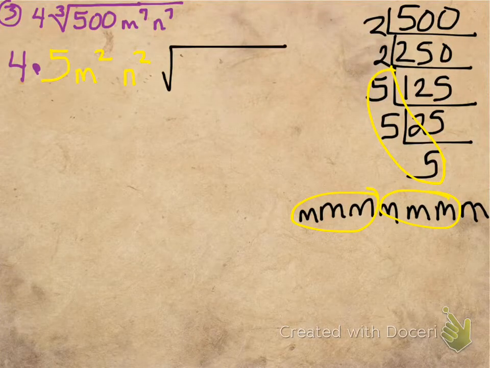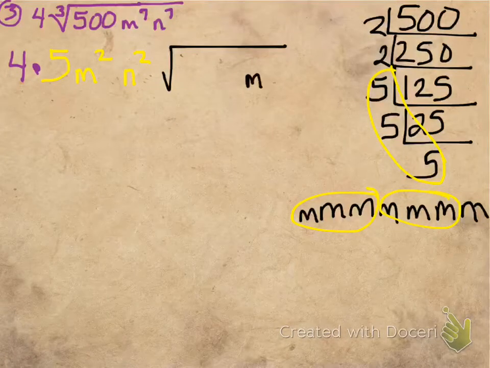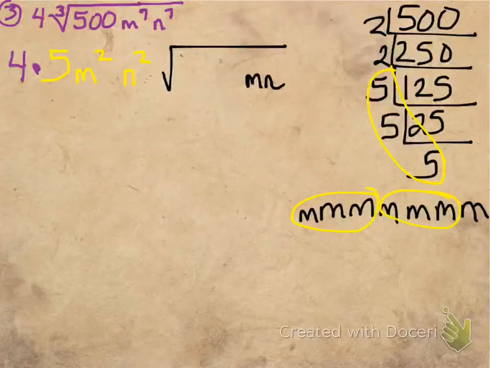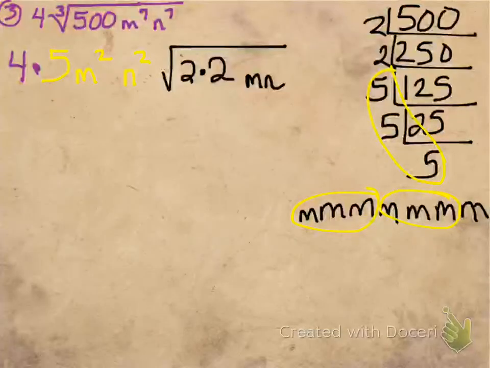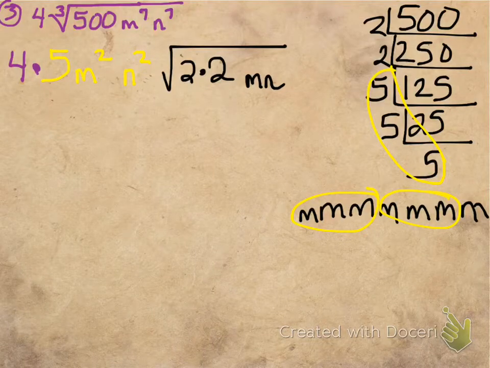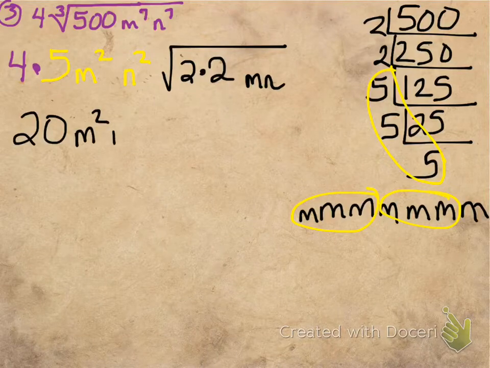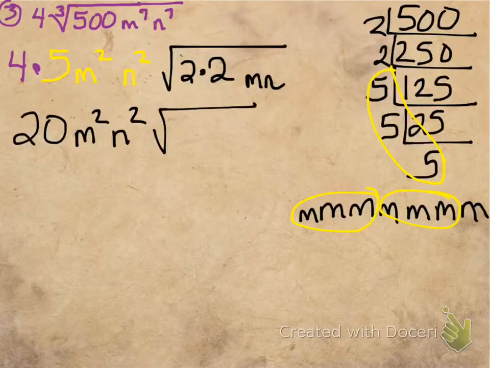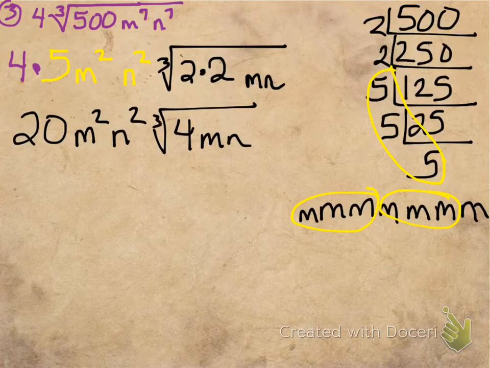What gets left behind? 1 m and 1 n. What gets left behind with the numbers, though? The 2s. So now we simplify our numbers and we end up with 20 m squared n squared. And we have the cube root of 4 m n. Oh, and I forgot the index. This is a third index.